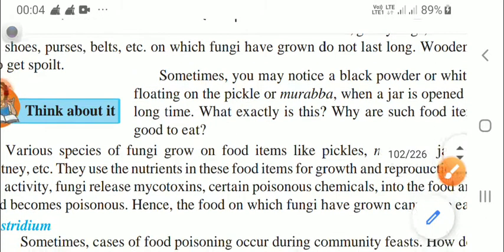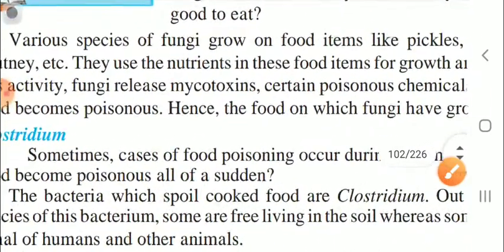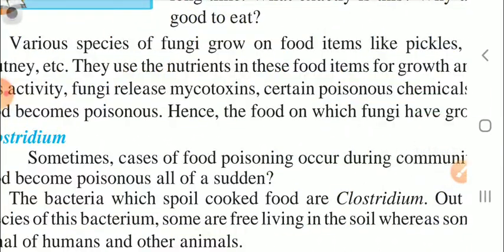Now, let us see that various species of fungi grow on food items like pickle, chutney, murabba, jam, sauce, etc. When they use the nutrients present in these food items, only then do they grow and reproduce.